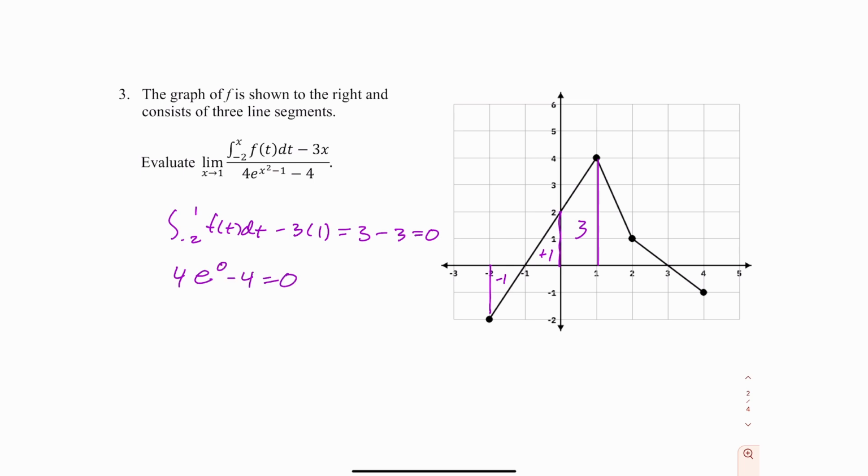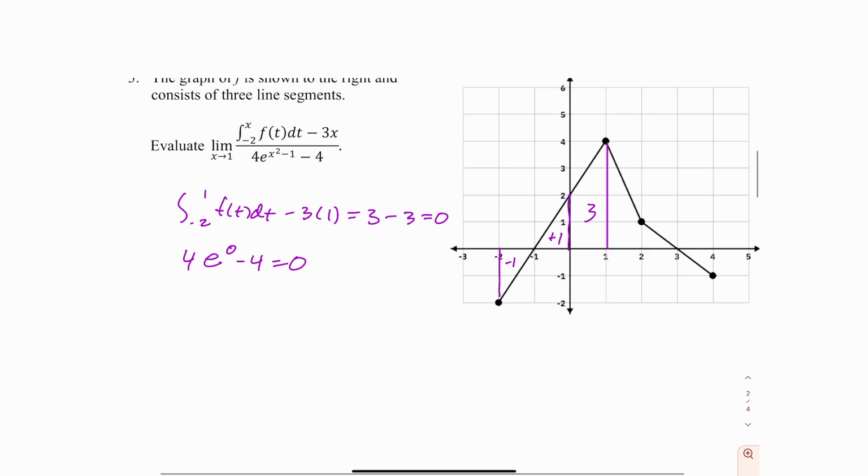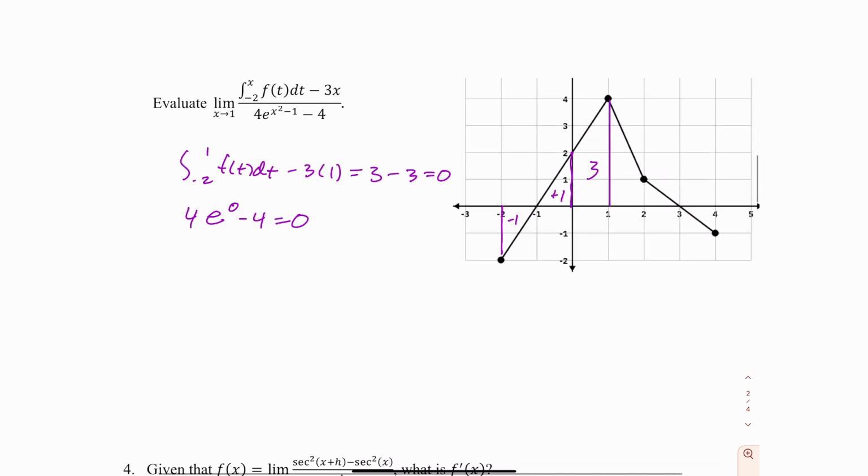Okay, so the limit of the top is 0, the limit of the bottom is 0. We can use L'Hopital's on this. To use L'Hopital's, we're going to have to do the second fundamental theorem on this part.